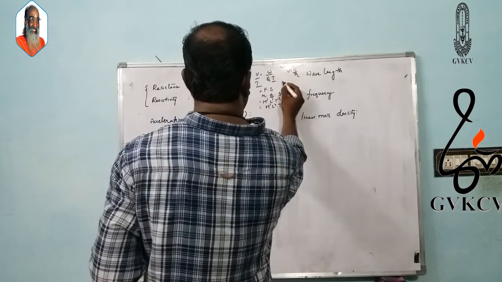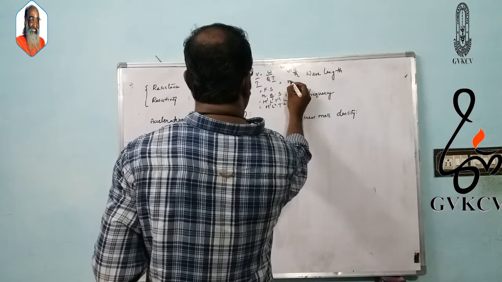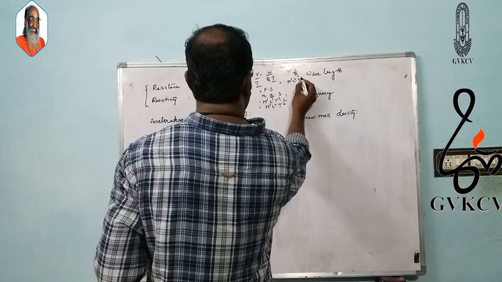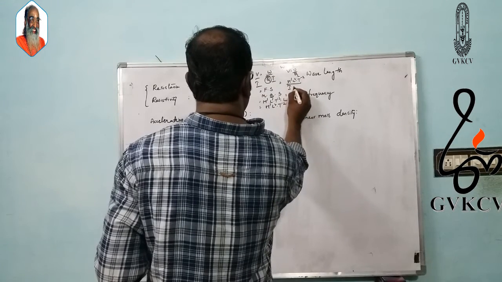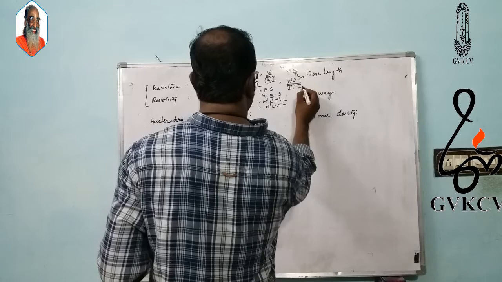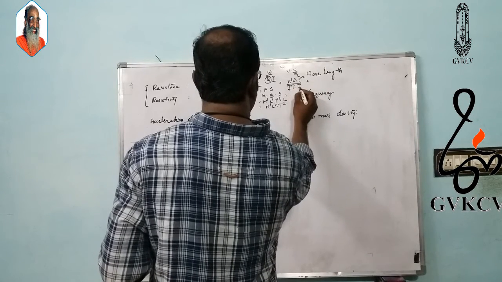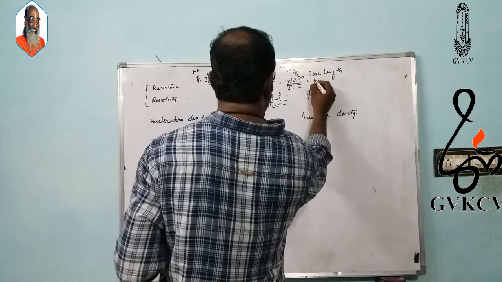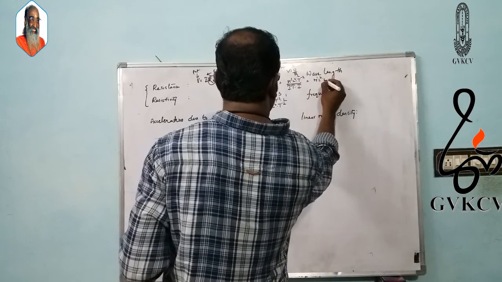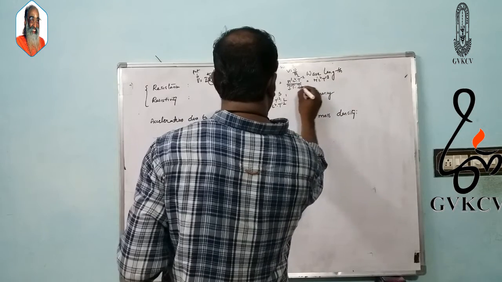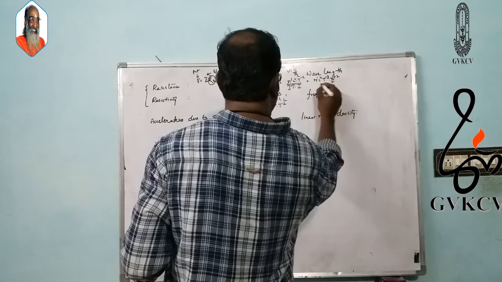I'll write it here: M1 L square T power minus 2, and for Q it is IT, divided by I. So M1 L square T power minus 2 over I square T. So M1 L square, this T comes to the denominator, T power minus 3, and I square comes to the numerator, it is I to the power of minus 2.